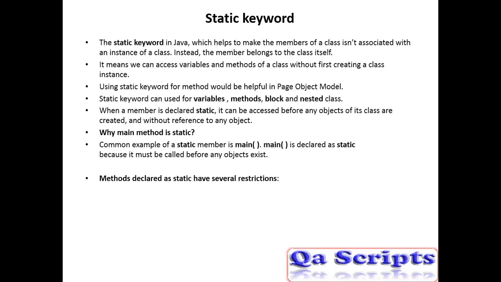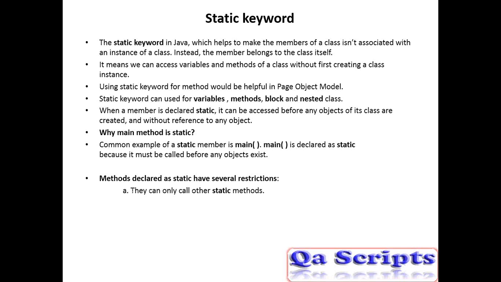Methods declared as static have several restrictions. Even though the static keyword gets more importance in a class, it has some disadvantages or restrictions as well. Let's see them. One is they can only call other static methods.